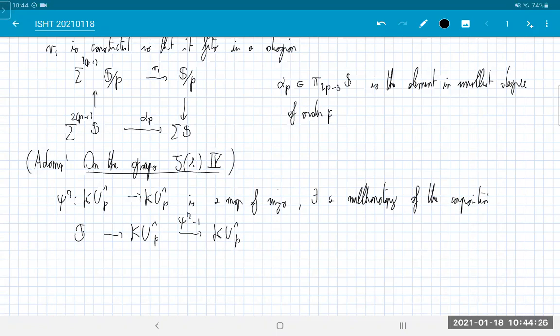This is just saying that psi r composed with the unit is homotopic to the unit. That's a particular consequence of psi r being a map of rings.